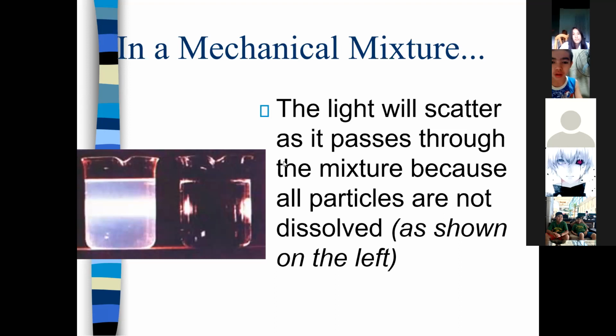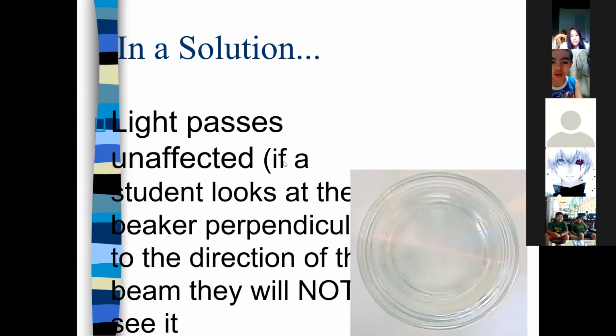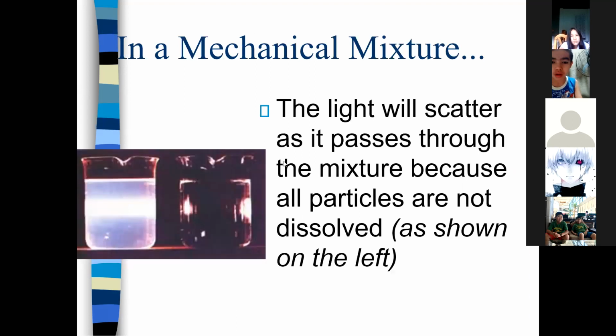Colloids are heterogeneous mixtures that express the condition of a Tyndall effect. The light will be scattered once it passes through a heterogeneous mixture. But in a homogeneous mixture, light will pass unaffected. Then, clarifications for homogeneous and heterogeneous.